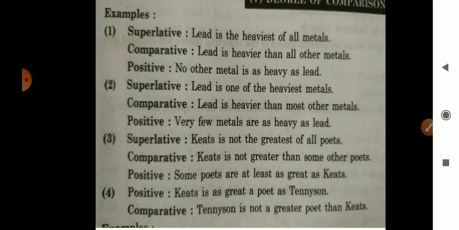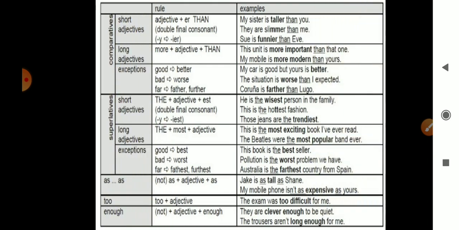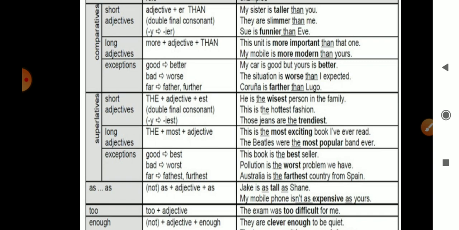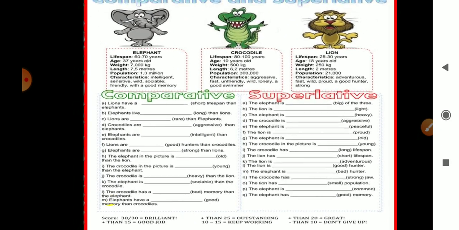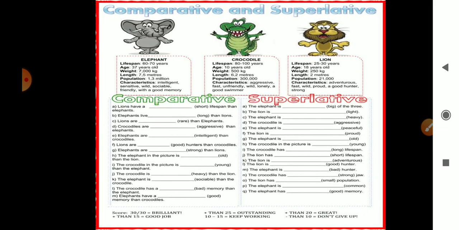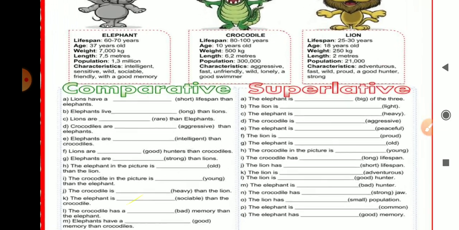So this is all about the positive, comparative and superlative degree. Here I have given a few examples of when we have to add "than", "then", "-est", that you note down in your notebook. Here is an exercise I have given you, with three cartoons mentioned here.